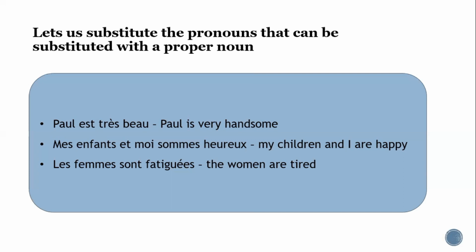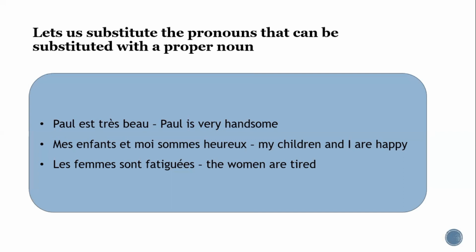So instead of Samuel, what will you have? He is very handsome. Then you will be able to fill in your gaps if you were given a gap. That is when you will know the perfect être to put in the middle of your sentence. Do you understand what I'm saying? Oui, ma'am.